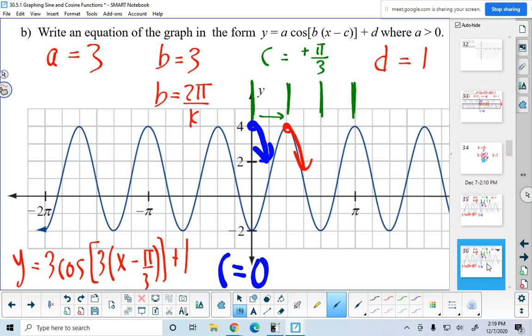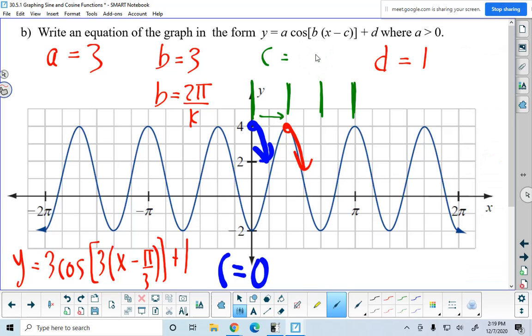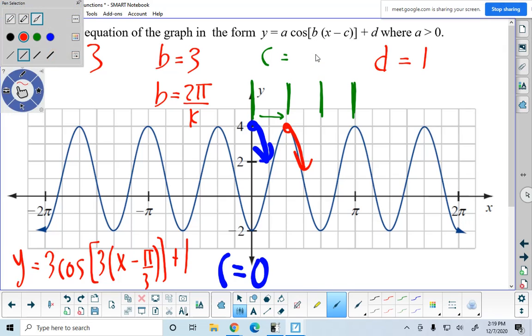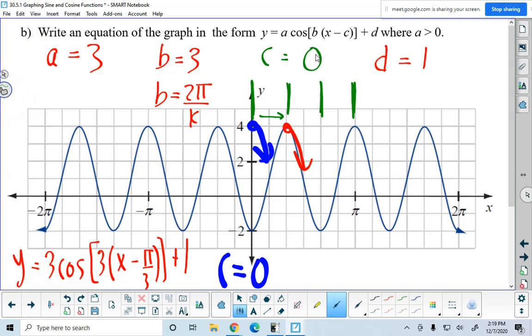Is there a way that I could have 0 for C? Is there a way that I could come up with an equation for this function but use C equals 0? Yes, there is. Can you tell me what that would be, Aiden?